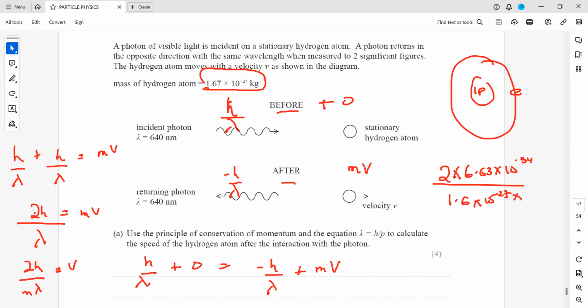And the wavelength lambda is 640 nanometers, so you have to convert it into meters, 10 to the power minus 9. This will give us the speed at which the hydrogen atom will move, which is about 1.24 meters per second. Is this clear?